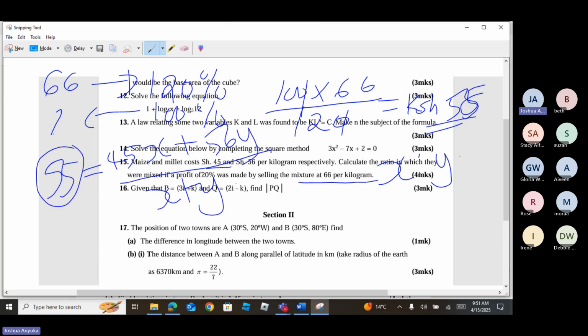Already we have worked out from 66 that we have landed at 55, which is equivalent to 100%, because we agreed that the cost of the mixture is always equivalent to 100%. So 55 is equal to 45x plus 56y over x plus y, because we are to be given the ratio of x is to y.